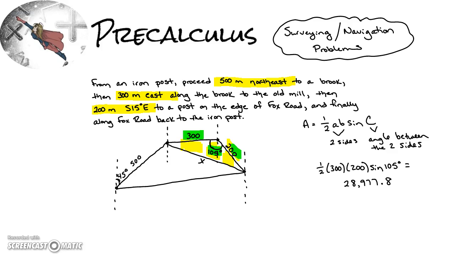So the law of cosines would say that x squared equals 300 squared plus 200 squared minus 2 times 300 times 200 times the cosine of the included angle, which is 105. And that, again, we can do all on the calculator.